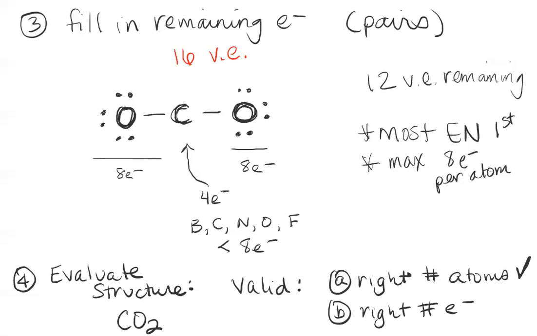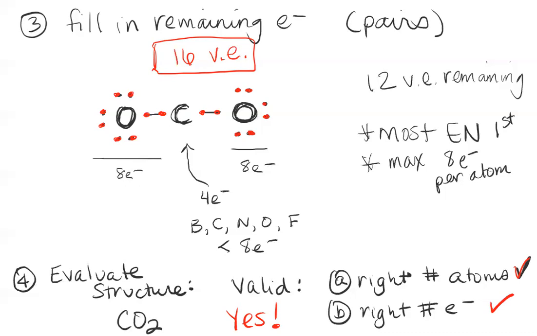Okay, so I go through and count, and I've got 1, 2, 3, 4, 5, 6, 7, 8, 9, 10, 11, 12, 13, 14, 15, 16. So there's 16 valence electrons. Okay, so check, I've got the right number of atoms, check, I've got the right number of electrons. So yes, this structure is valid, okay?